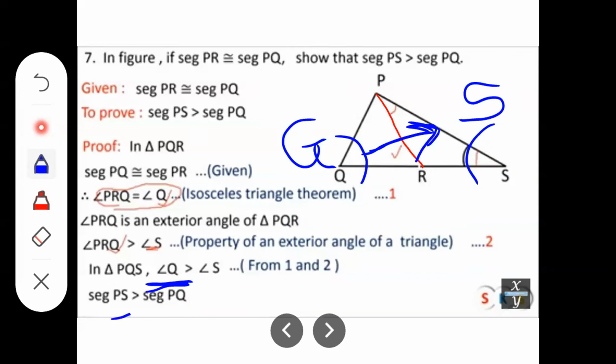So put it here, side PS is greater than. For angle S, the side opposite to angle S is PQ. So put PQ here. So segment PS is greater than segment PQ. That is what we have to prove.